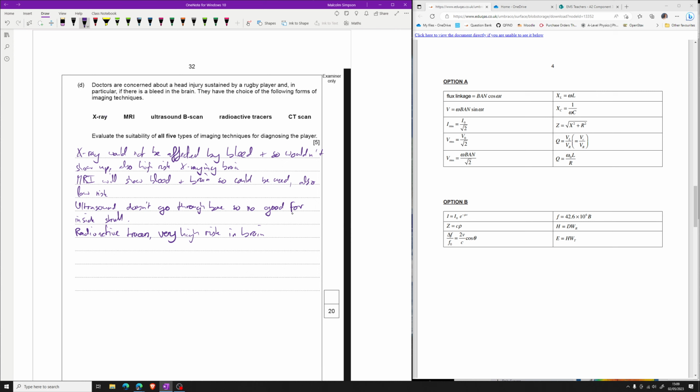I'm just trying to think, because normally a radio tracer is designed to be absorbed by a particular body part. So you could probably make it absorbed by the brain, but it would still be present in the... not sure. Sorry guys, I'm a little bit too rusty on this to know if it's even possible to use a radio tracer. Yeah, might not work. Might not show up a bleed.